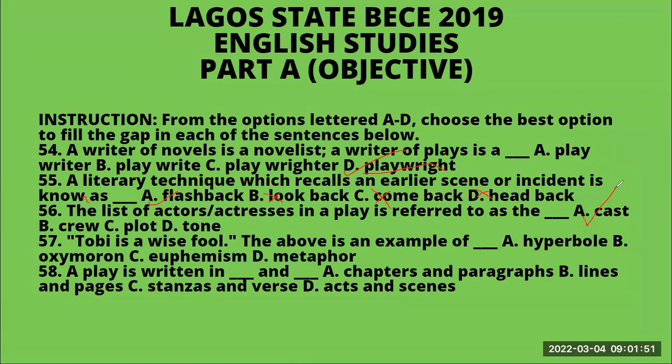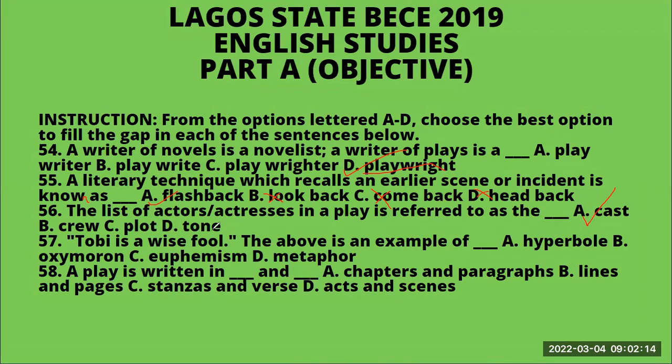When you give a list of them, that is called a cast. All right. Option B, crew. No, crew can be for a ship on the high sea.